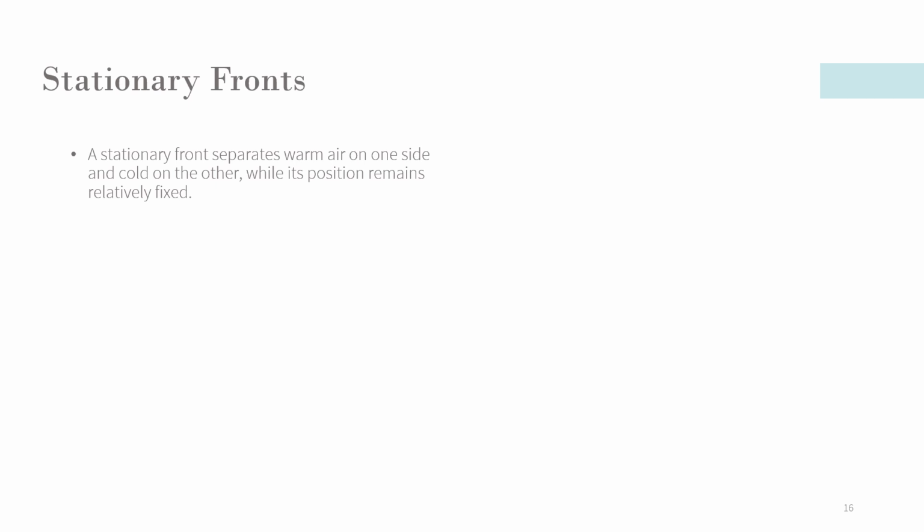Occasionally, airflow on both sides of a front is neither toward the cold air nor toward the warm air mass. Rather, it is almost parallel to the line of the front. Consequently, the surface position of the front does not move, or it moves sluggishly. So that is what we call the stationary front.